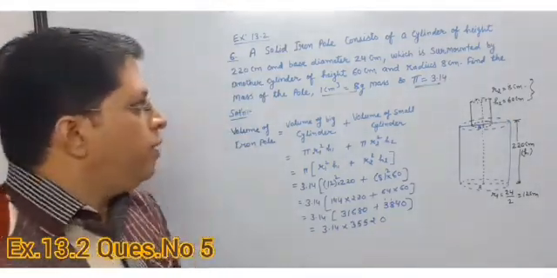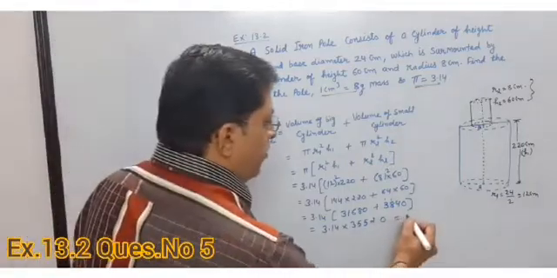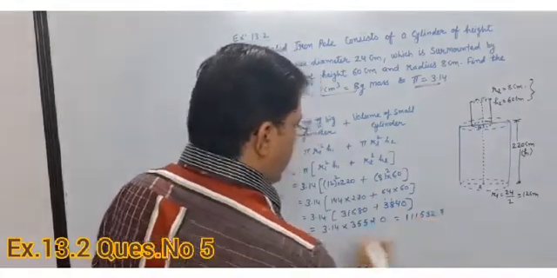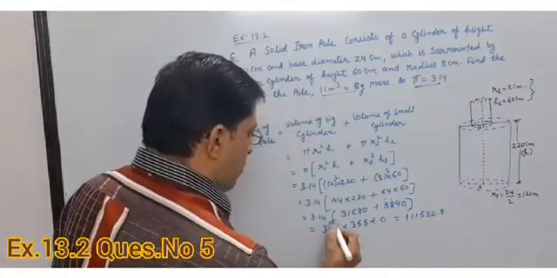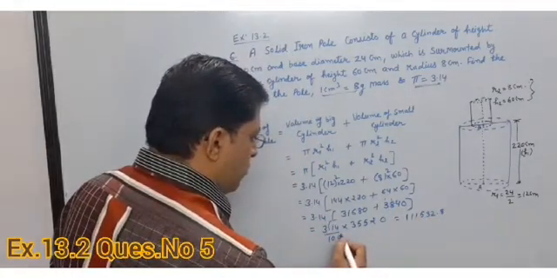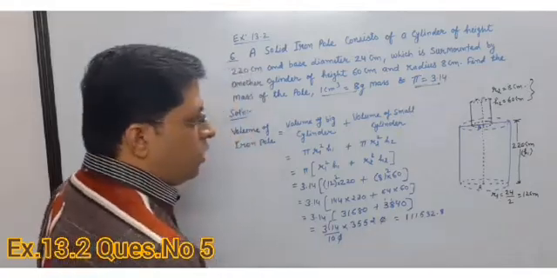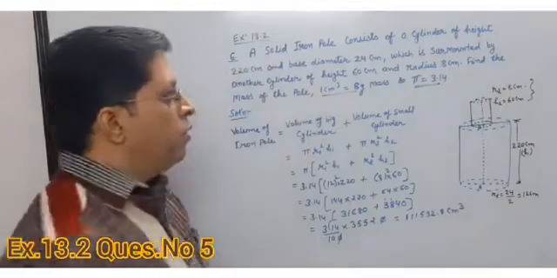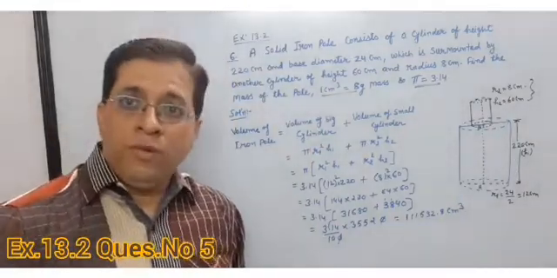And if you multiply it by 3.14, you will get 111532.8 centimeter cube.